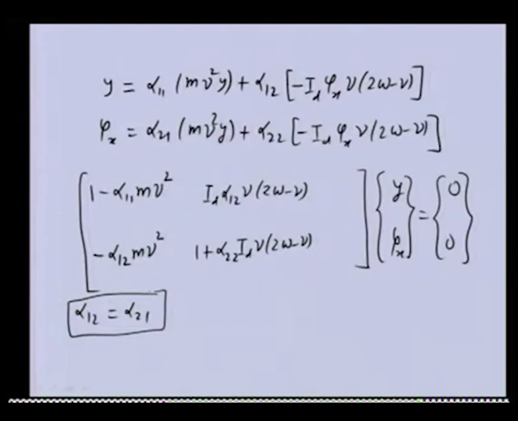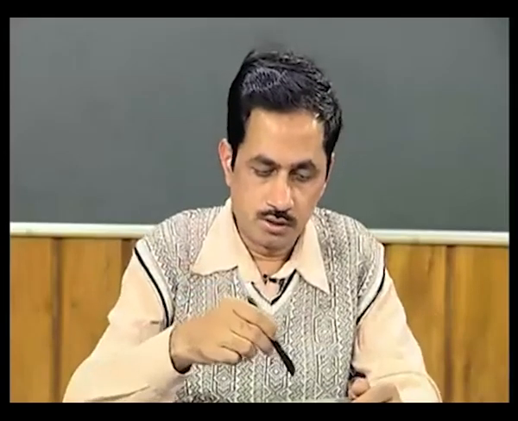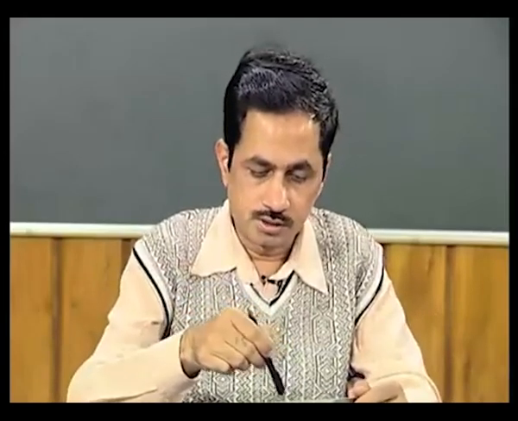So, this is a homogeneous equation. One solution could be when both the displacements are 0, but that is a trivial solution. For a non-trivial solution, we need to take the determinant of this equal to 0, and from this we will get a polynomial in terms of ν, and that polynomial can be written like this.